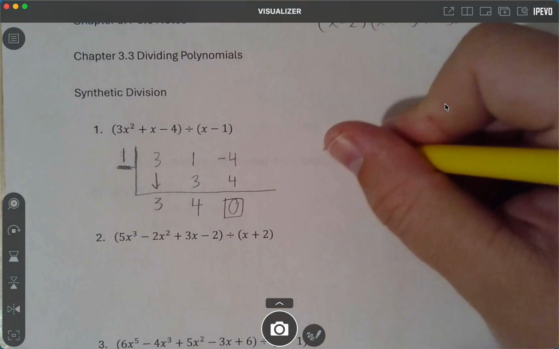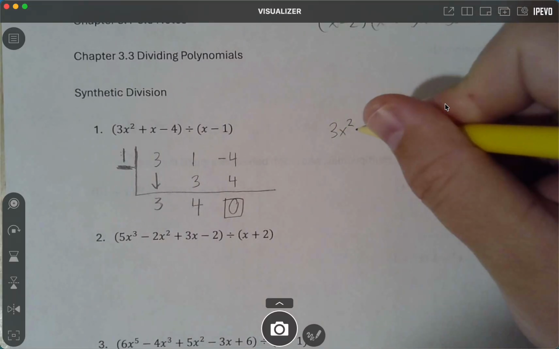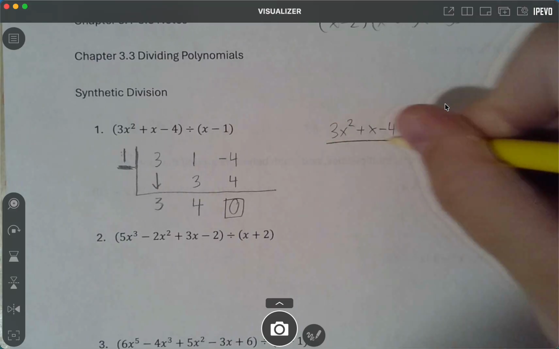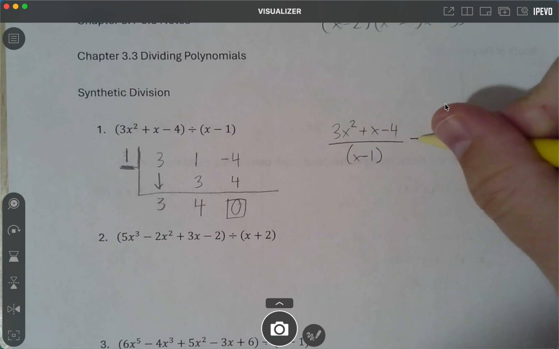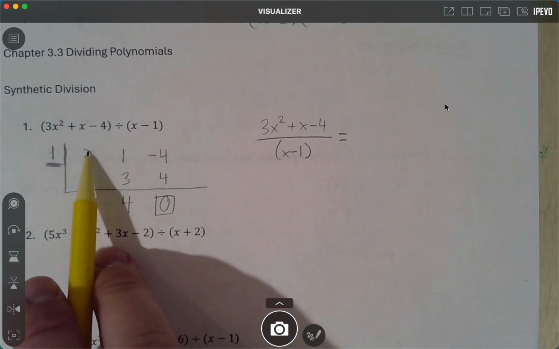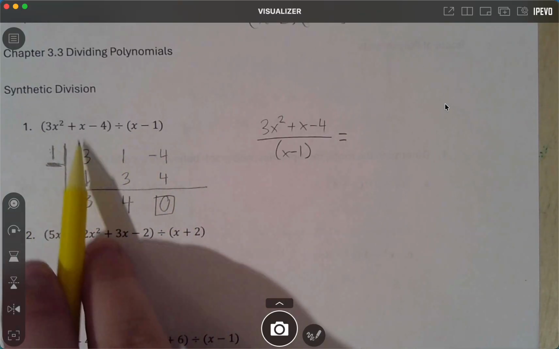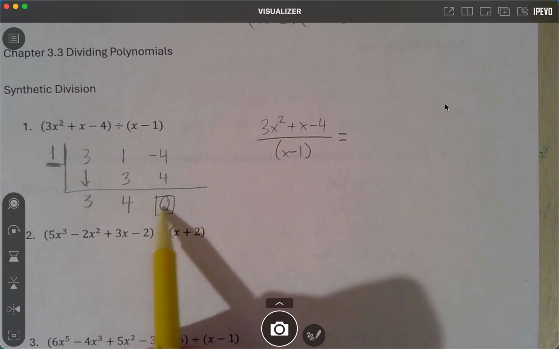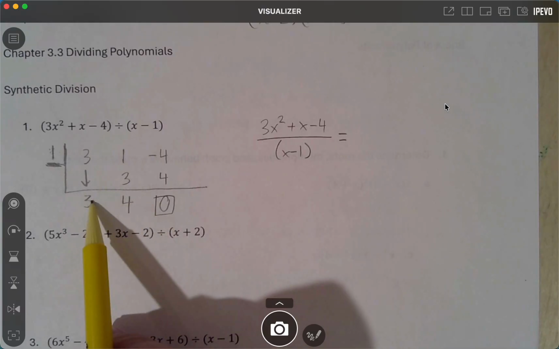Well, it turns out that we can write it like this. It means that this is equal to, now watch this, if 3, 1, and -4 corresponded to an x squared, an x, and a number, then catch this, from your remainder, here's your number, and here's your x.